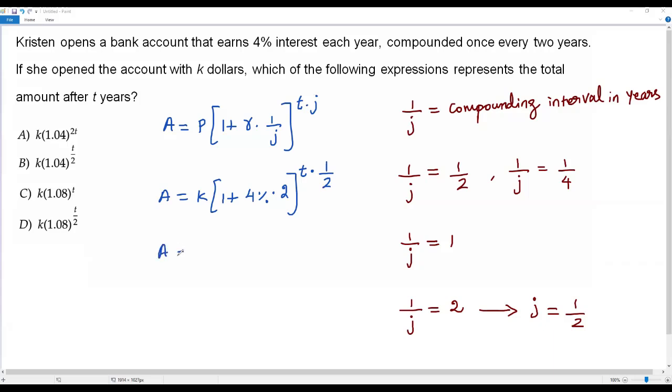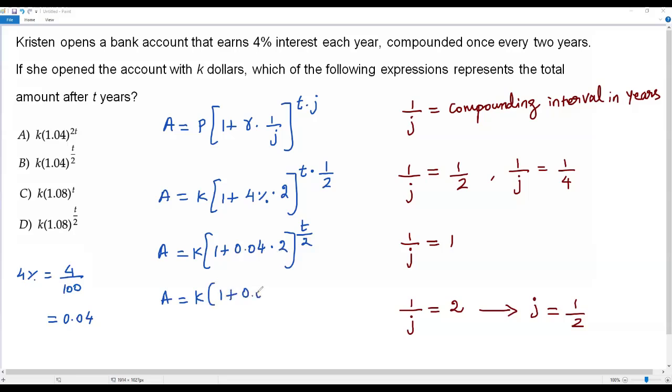Okay, so A equals K times (1 plus, when I convert 4% to a decimal, it becomes 0.04, because 4% can be written as 4 over 100, and when I divide 4 by 100, I get 0.04. So 0.04 times 2, and when I multiply T and 1/2, I get T over 2. When I multiply 0.04 by 2, I get 0.08, to the power of T over 2.